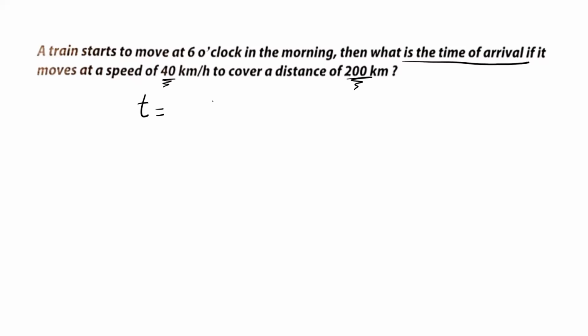Time equals the speed over the distance. 40 over 200. Are you sure about this? No, let's draw the triangle so you'll never be confused. Here is the t for the time, and we have v and d.